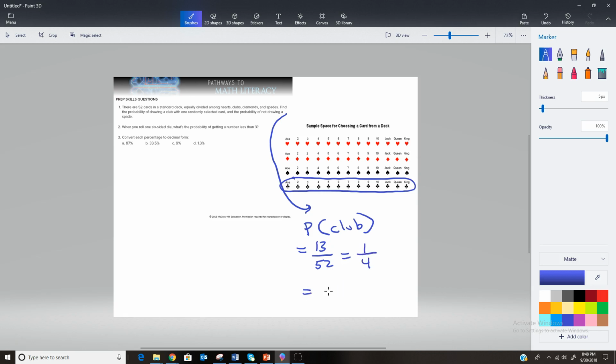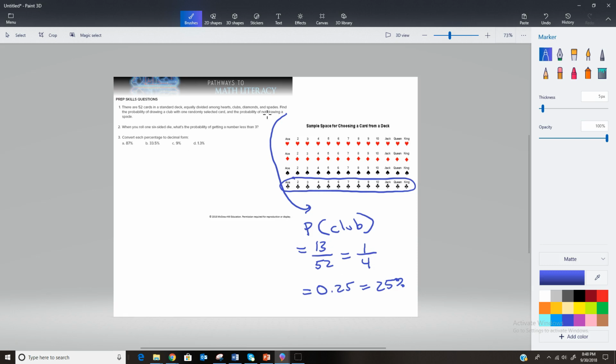And it's totally appropriate to say 0.25 or 25%. You're going to have to look at what Connect Math wants sometimes, but realistically any of these answers would be accurate. You'll just have to look at what Connect Math asks for if it asks for a specific form. I think a lot of times it'll say reduced fraction or decimal.